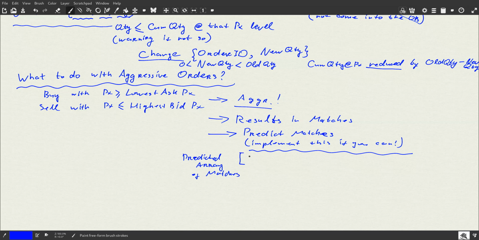which would contain, for example, a list of pairs: order ID of passive order matched, and, obviously, price and quantity matched.